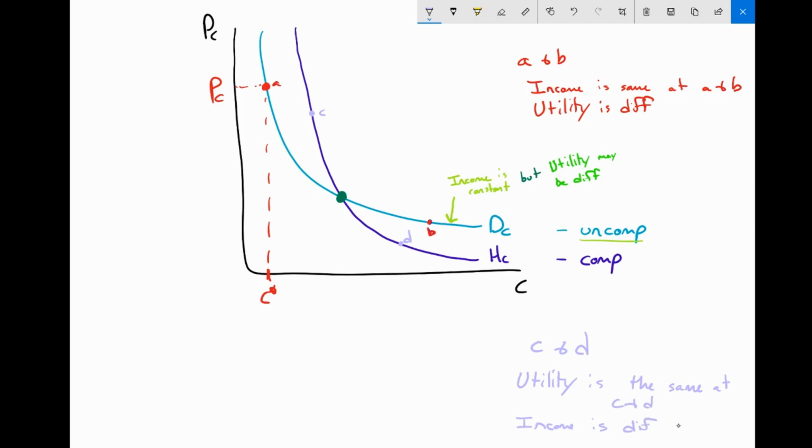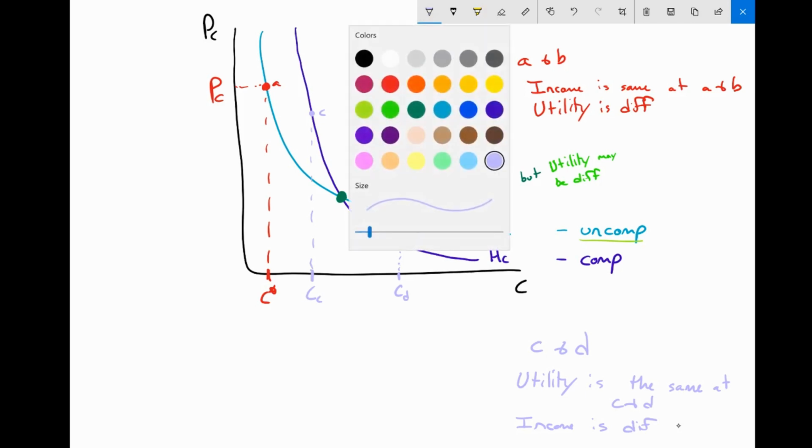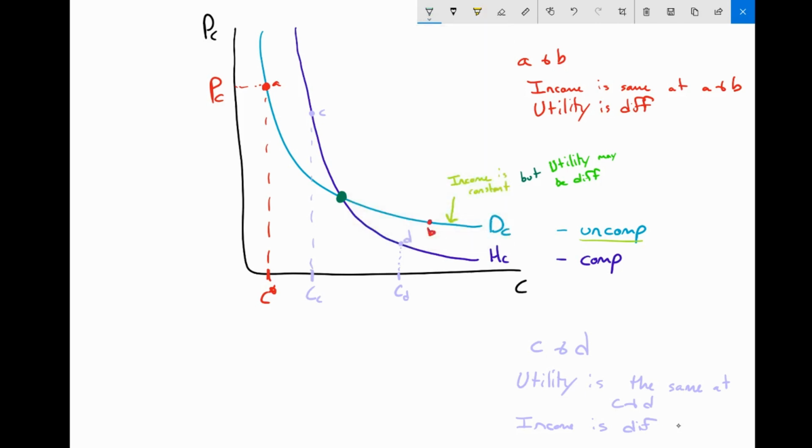So that means, here at D, the agent is able to consume a larger quantity of coffee than they are here. Well, how in the world would they achieve the same amount of utility at point C?